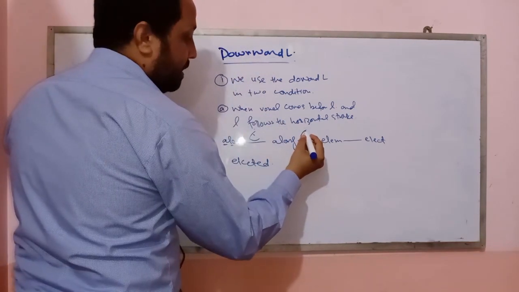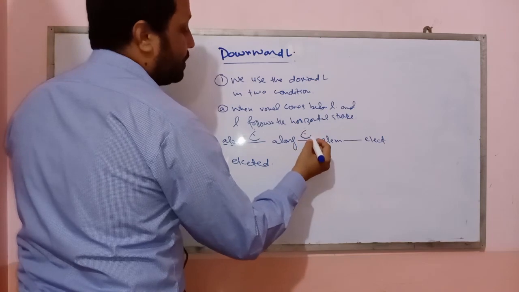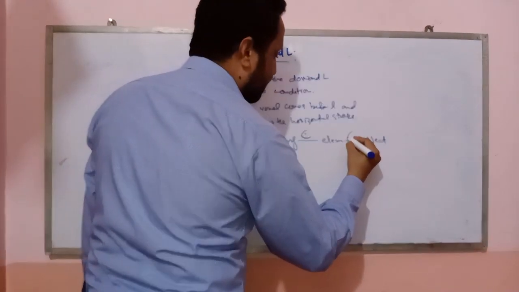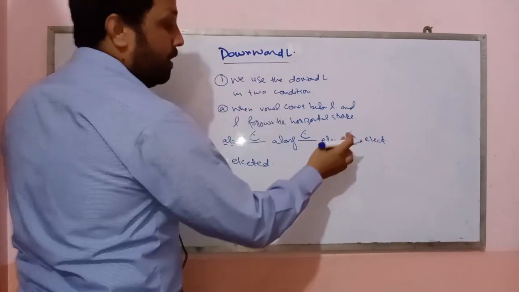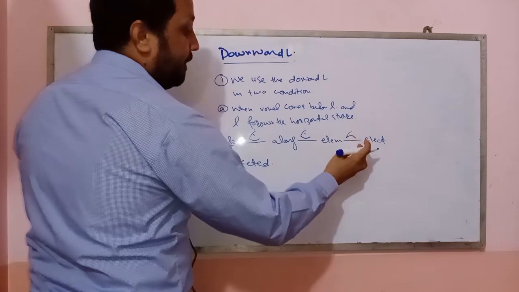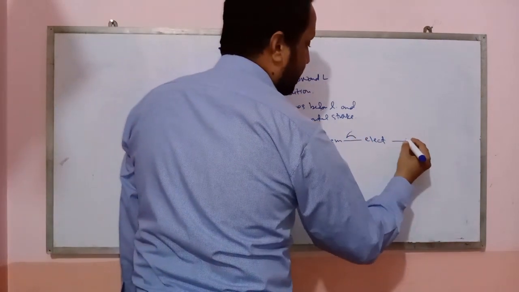When a vowel comes before L and L follows a horizontal stroke, then we use the downward form. Elm. Why do we use downward? Because a vowel comes before L and L follows a horizontal stroke.